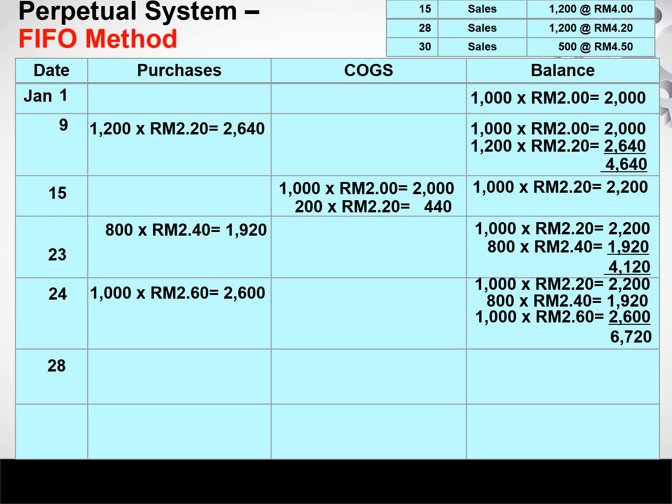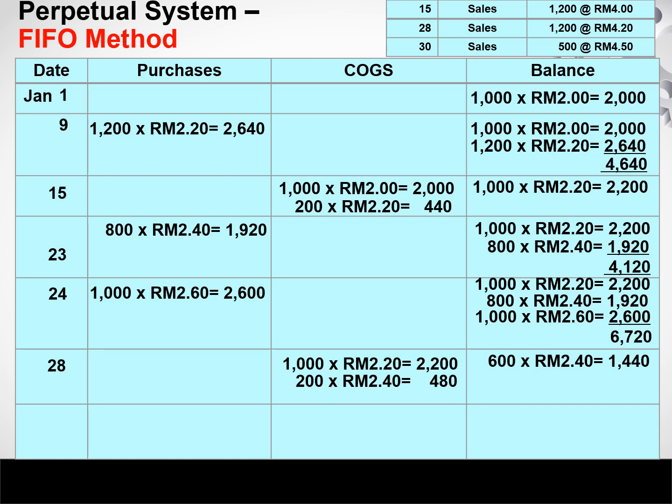On 28 January, sales 1,200 units. So the first in will be the first out. The first in is 1,000 unit times 2 ringgit and 20 cents equals to 2,200, and the balance of 200 units times 2 ringgit and 40 cents equals to 480.